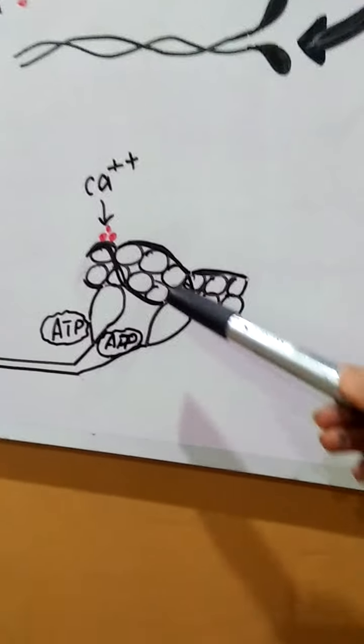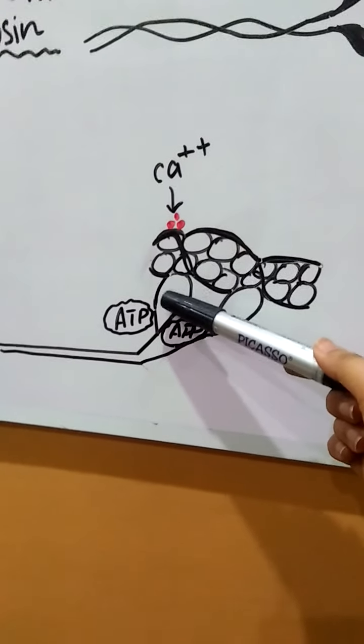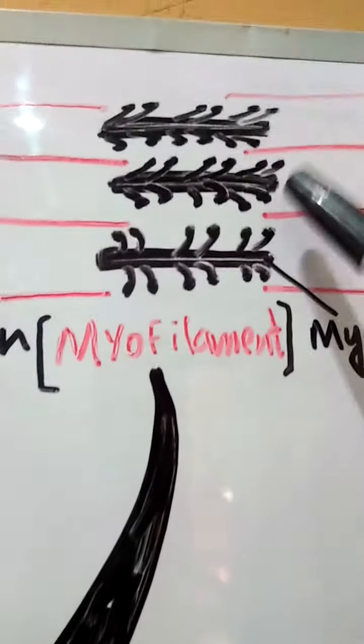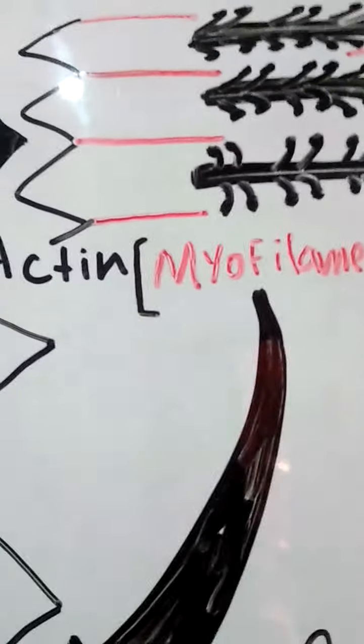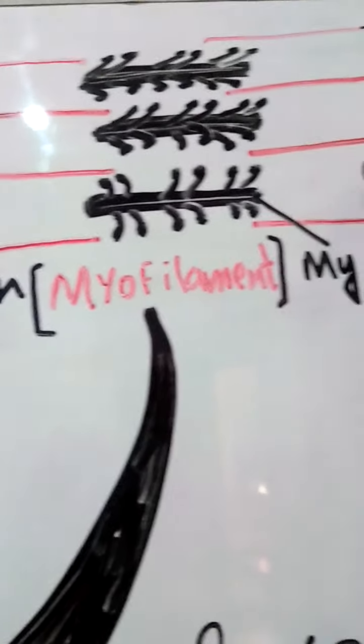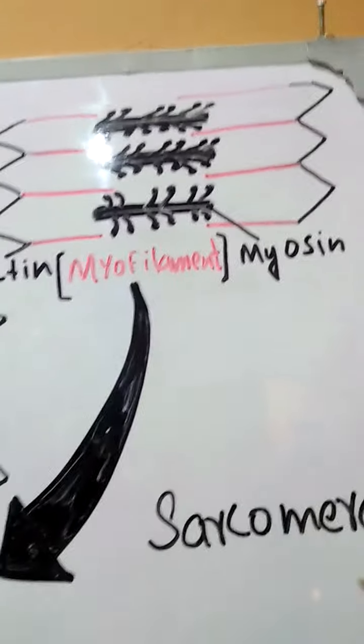So these exposed actin globules will bind with myosin heads. When they bind with these myosin heads, what will happen? The myosin heads will pull these actin filaments over them.